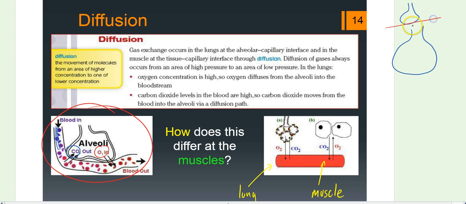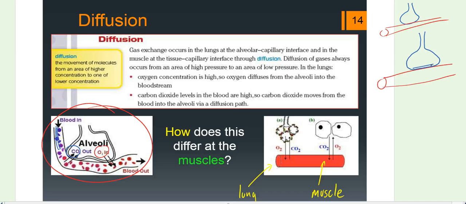If I put a blood vessel that would run through there, and here's the same blood vessel, as the alveoli expand, the surface area touching between the alveoli and the blood vessel increases. So with this increase in surface area, we've got a greater surface area for diffusion to occur.